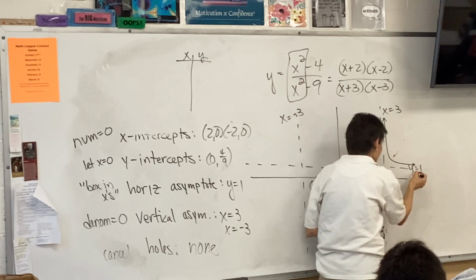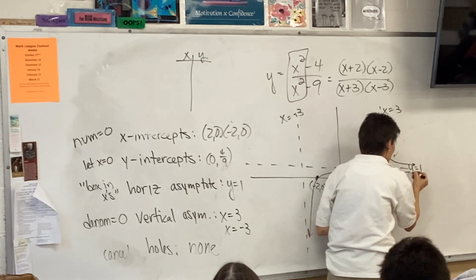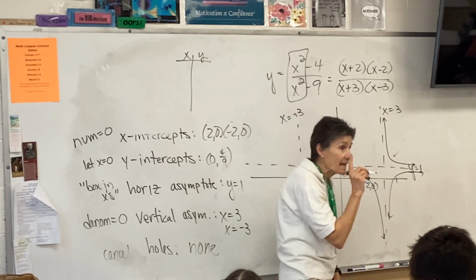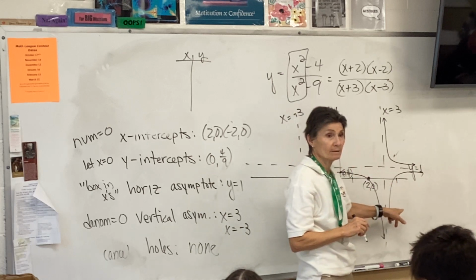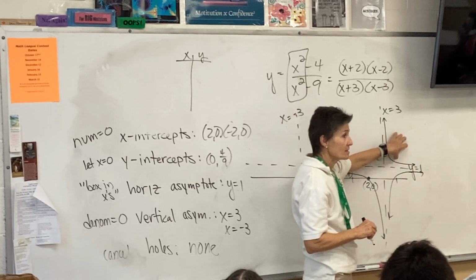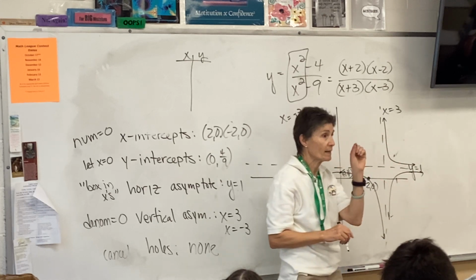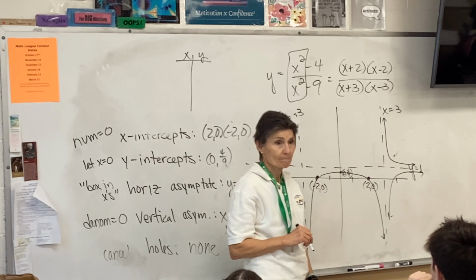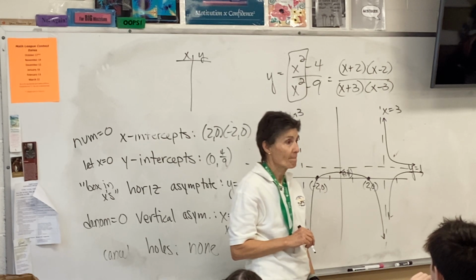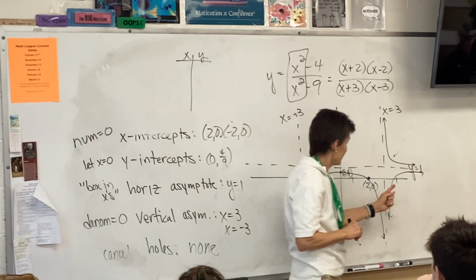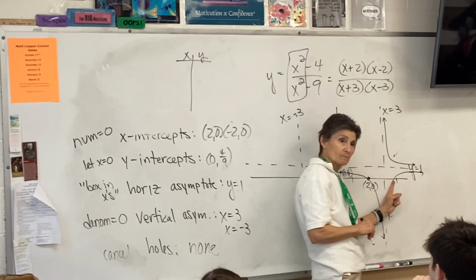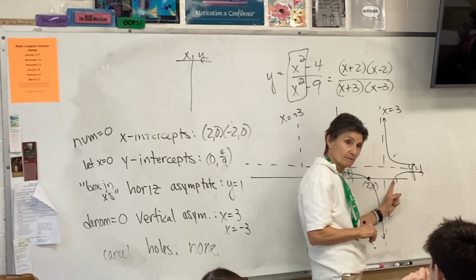But it could follow the asymptotes on the bottom. But I know it can't be the bottom one. It has to be either this or this. How do I know it cannot possibly be the bottom one? Who can tell me? Because it's positive. No? See that right there? What would that be? That's an x-intercept, right?